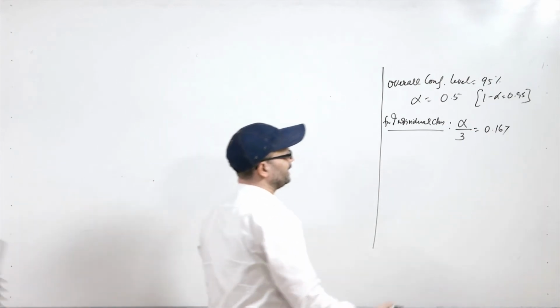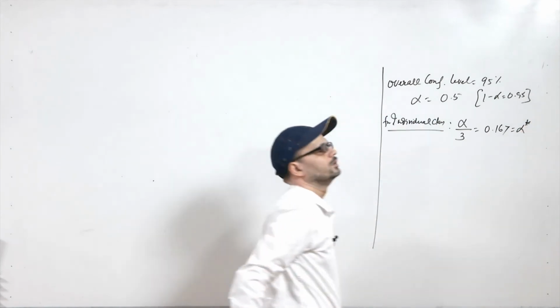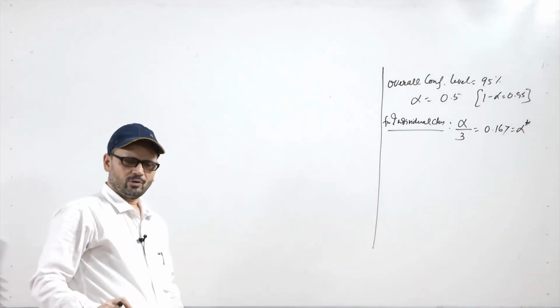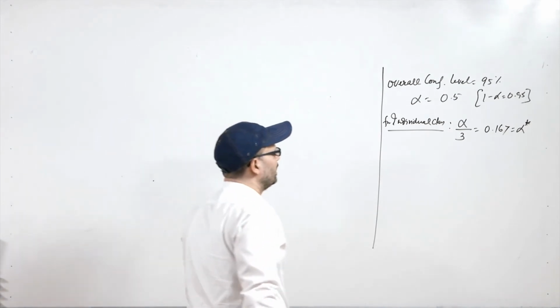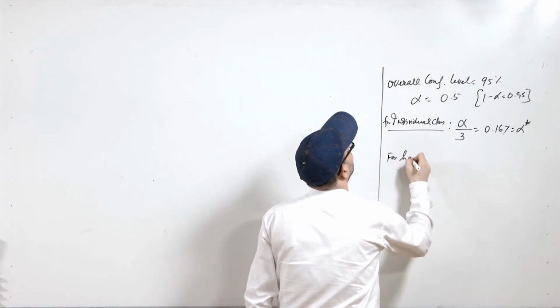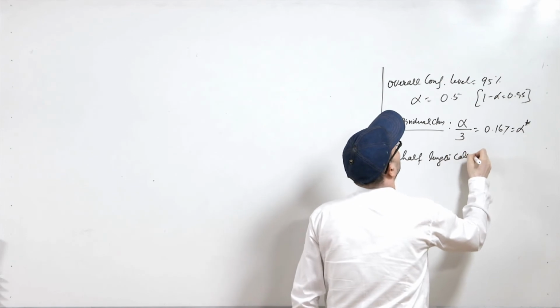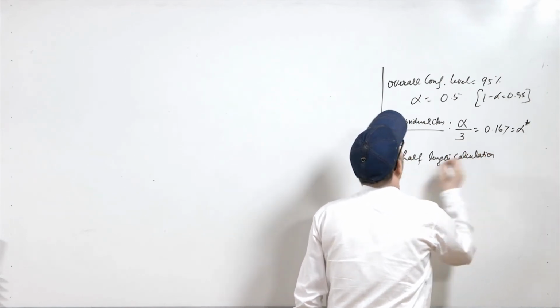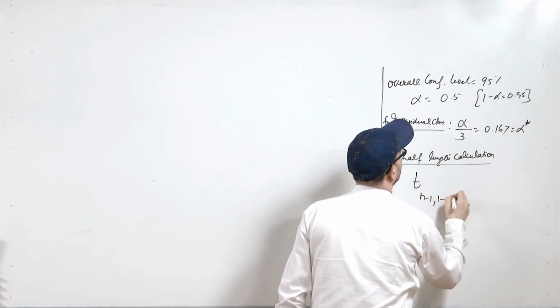So, this will be basically alpha star, suppose, and then when we make the half length calculation, you have to have these parameters t with n minus 1 and 1 minus alpha by 2.